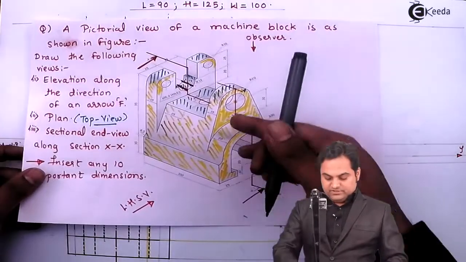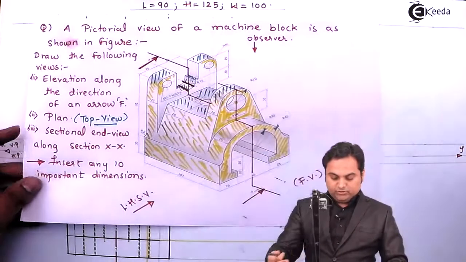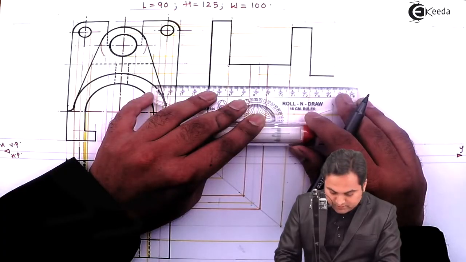And when this semicircle is cut, it will be there throughout the width. So for that I will draw a dark line.